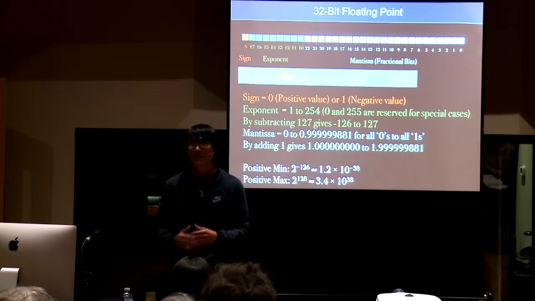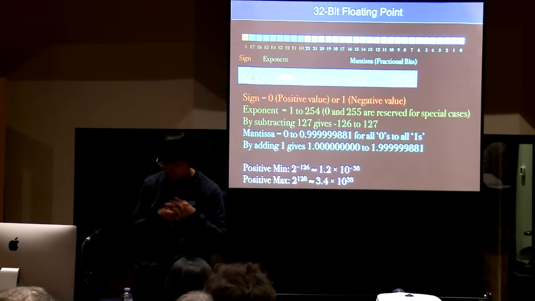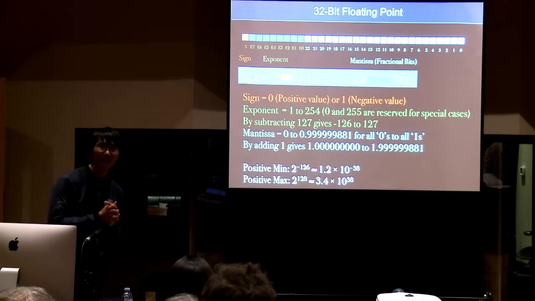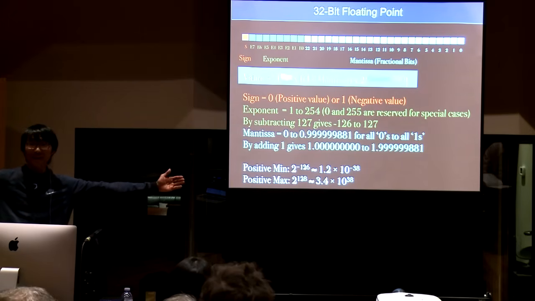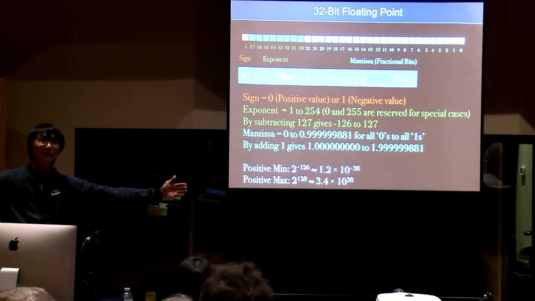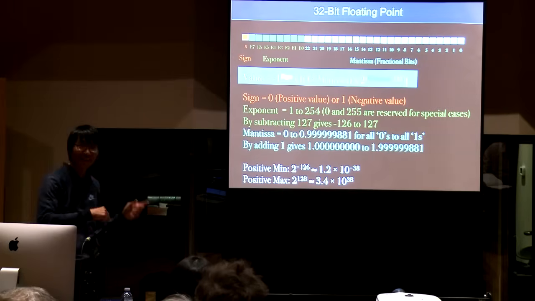Well, you have a big range, so you have the same number of values you can represent, but they're spread over a wider space. Yeah, in a sense, the range is increased tremendously, but you have to give up something in between. So what is that? Let's go to the next slide.